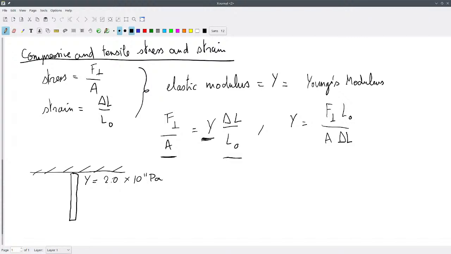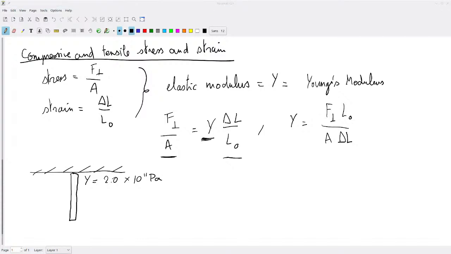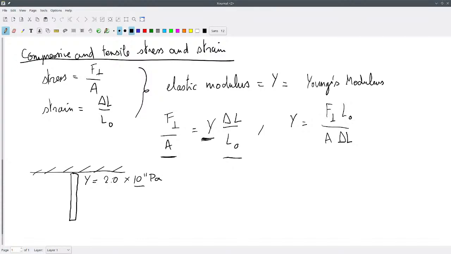What you'll see is that for things that are difficult to deform, these Young's modulus values are going to be very large. So 10 to the 11th Pascal means that a deformation of 10% of the length will require 1/10 of that Young's modulus in force over unit area.